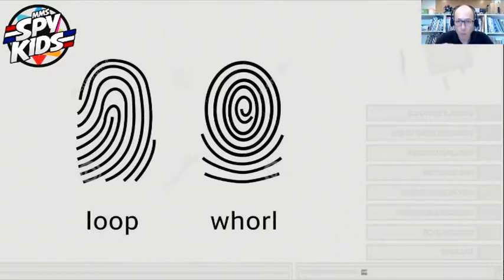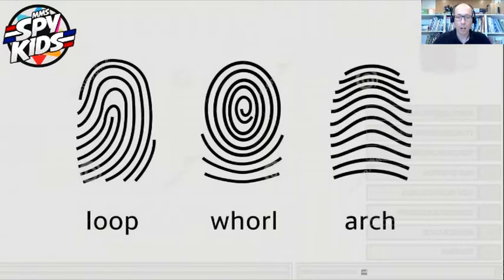So it makes a little spiral. And the third one is actually quite rare, especially in Asia. It's called arch. Alright, so loop around here, whirl, and arch. Those are the 3 different main types of fingerprints. Actually, in the FBI database, there are 8 different types. So we're just gonna make it simple. Loop, whirl, arch. That's it.